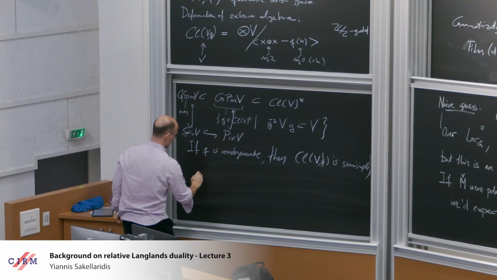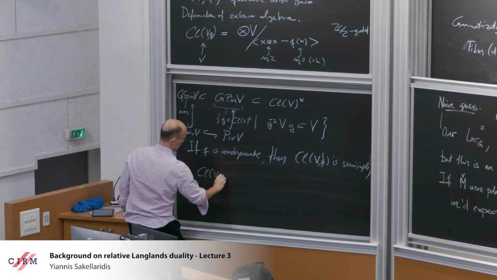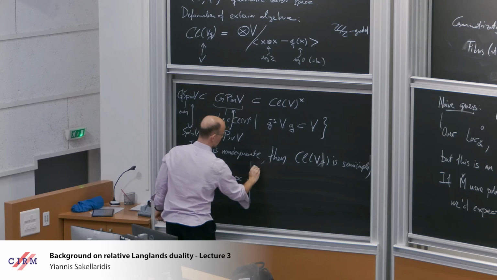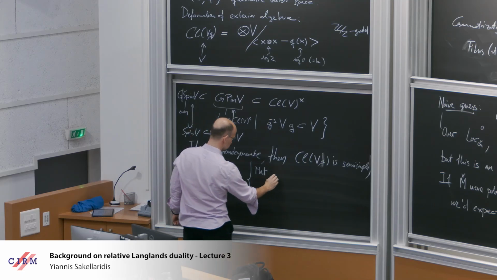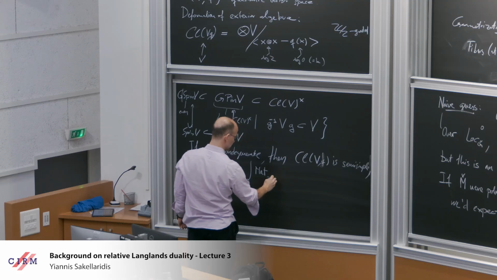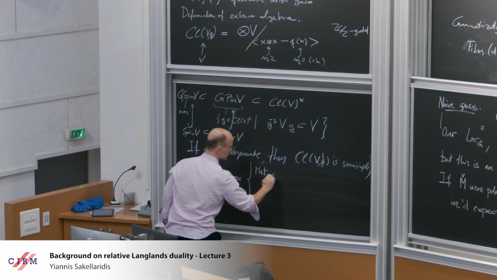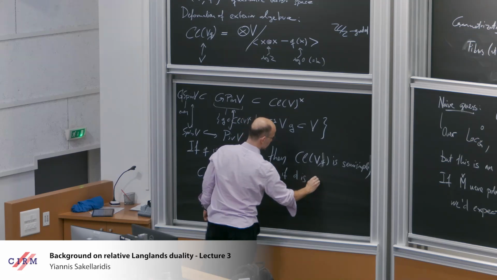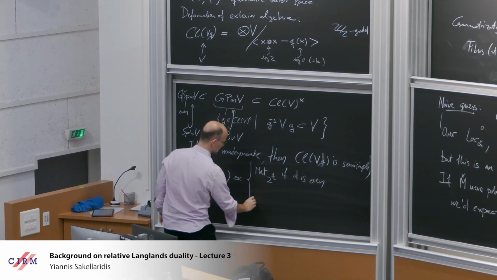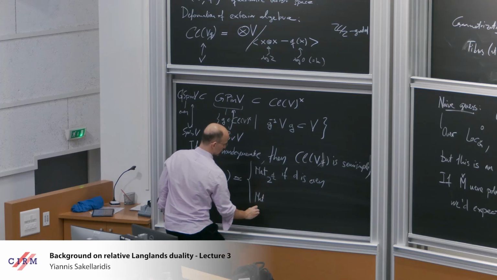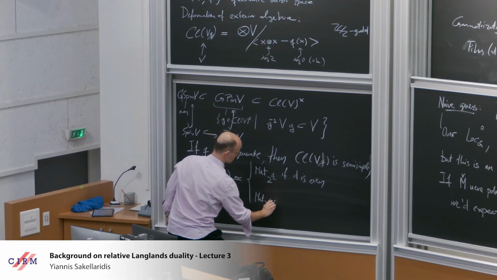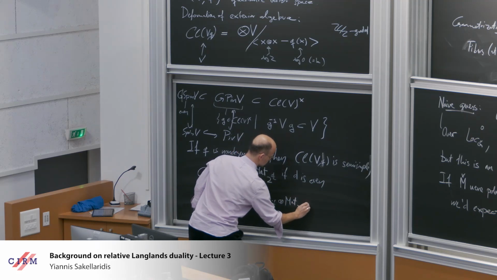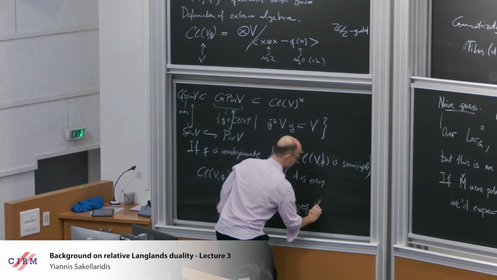And in fact, it's isomorphic to a matrix algebra of dimension 2 to the d over 2 if d is even, and a sum of two matrix algebras if d is odd.